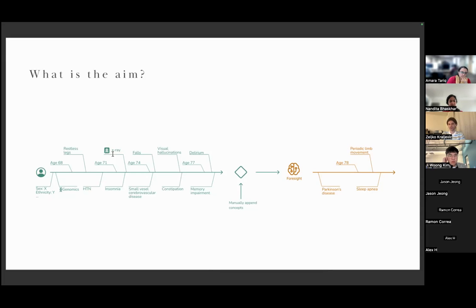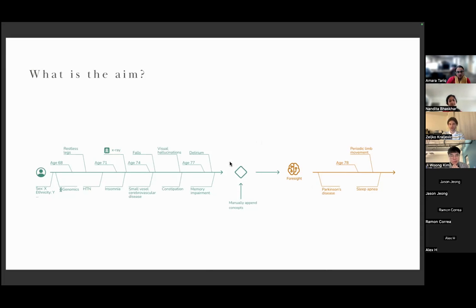Then at 71, they had an X-ray and they had insomnia. So we are creating a timeline of everything that has ever happened to that patient and feeding that into a large language model, the Foresight model. And because generative language models can continue predicting into the future, they learn how to generate these timelines, and by that are capable of continuing or simulating these patients' future based on their past.